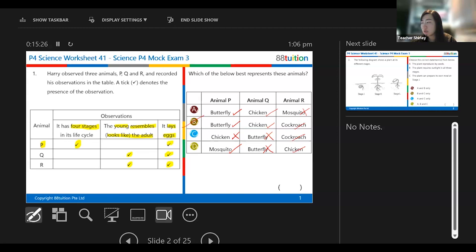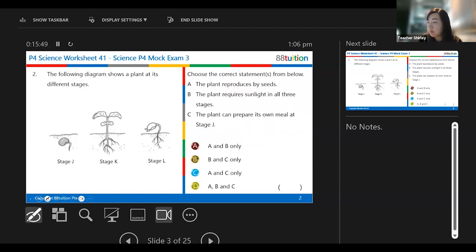So the only answer that has all ticks would be B. Therefore, the answer is B. Any questions with regards to this? All good with life cycles? Later if you have time, we can go through some life cycle notes as well. But in the meantime, we'll just finish up your MCQ questions first.